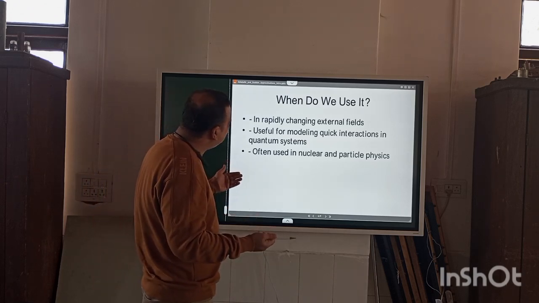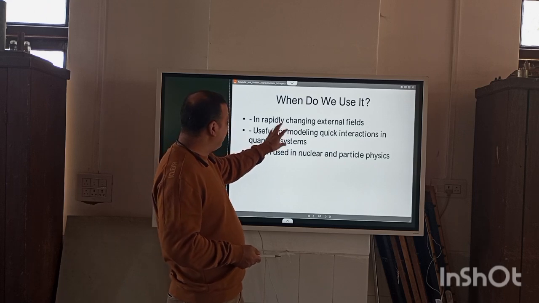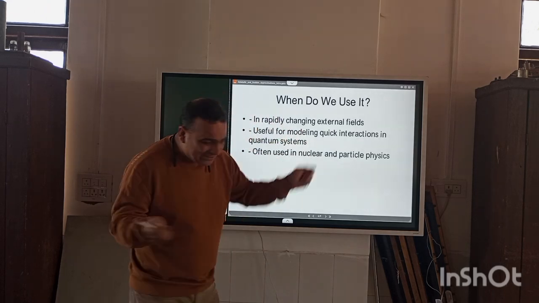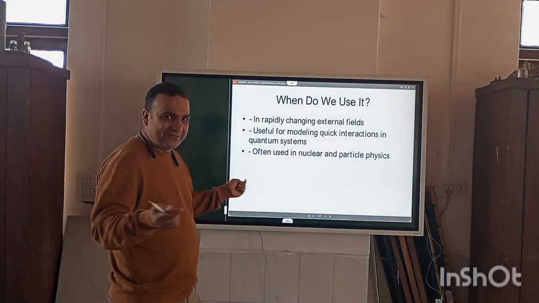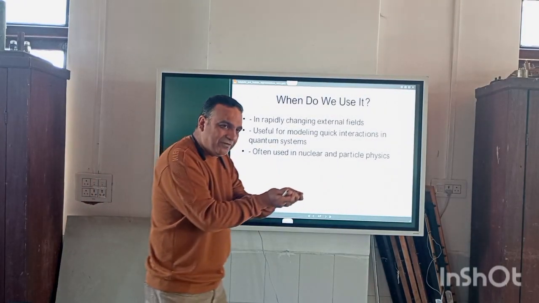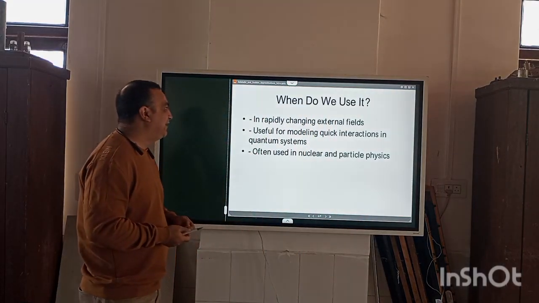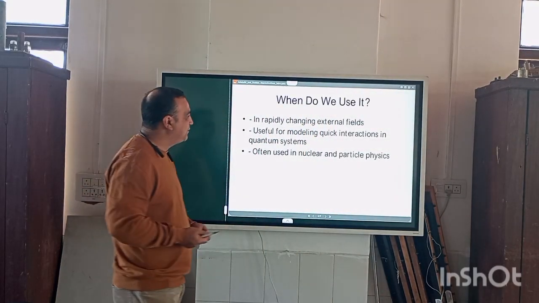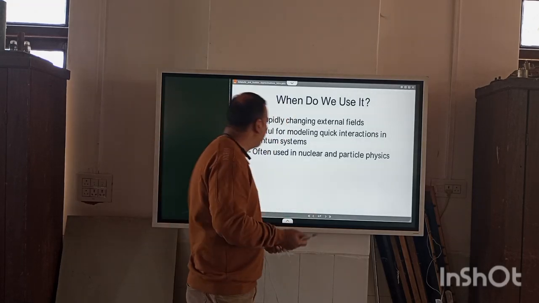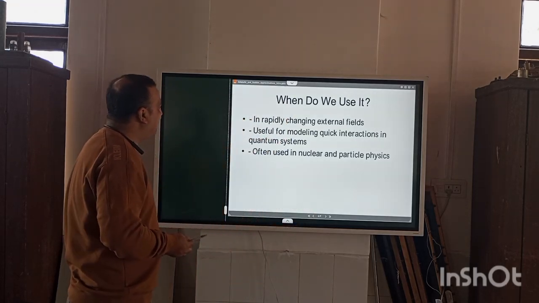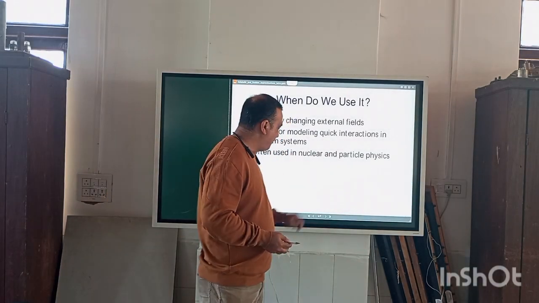So what are its implications? We can model the quick interactions that take place between particles in quantum systems. If there is an interaction between two particles, we can understand those interactions to some extent using this sudden approximation, and it's often used in nuclear and particle physics.